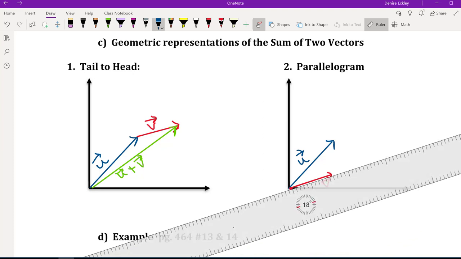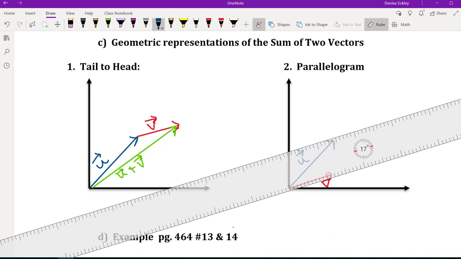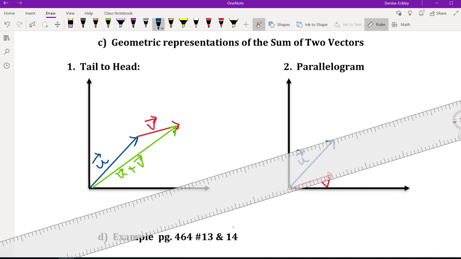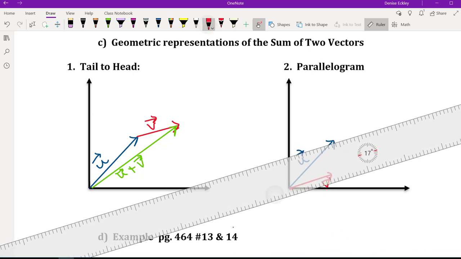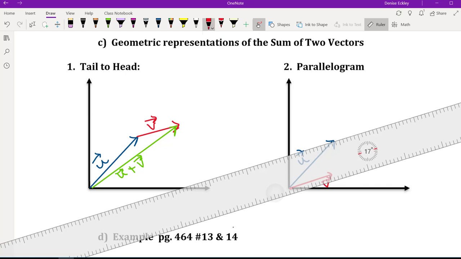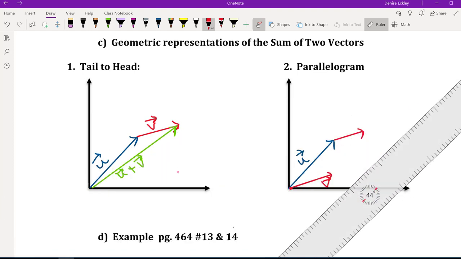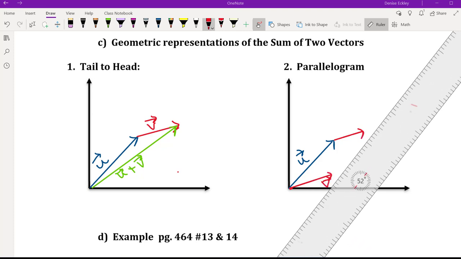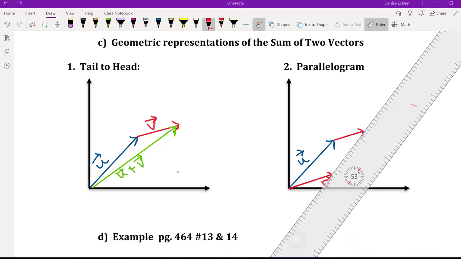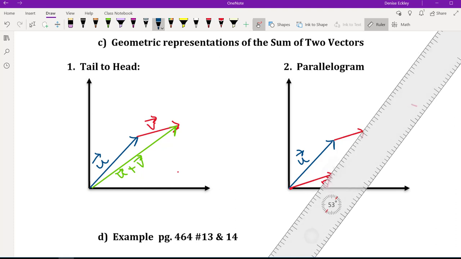So I can take this vector and I would put it here, and I will take U and draw it here, to create a parallelogram.